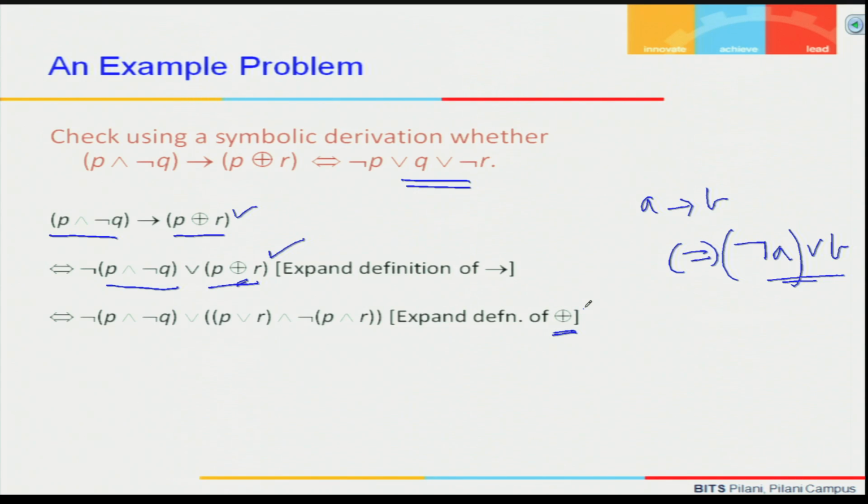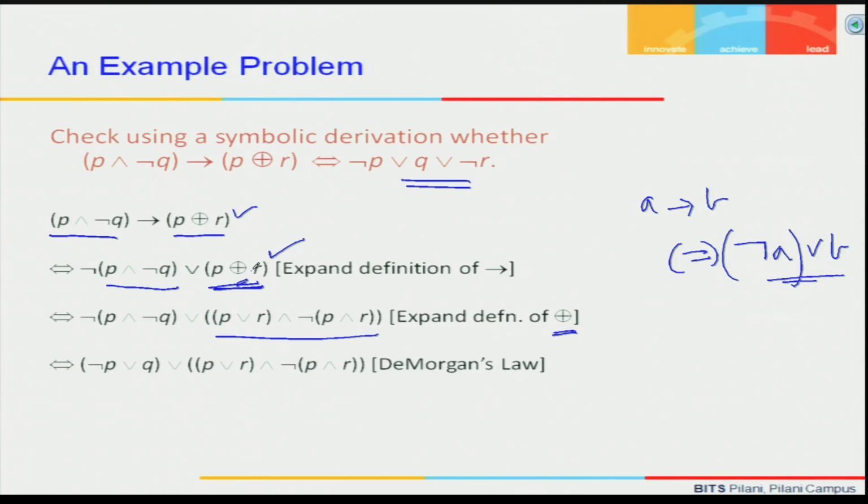I can put this whole thing here. What De Morgan's law says is not of A and B is the same as not of A or not of B. I just apply De Morgan's law to not P and not Q, and I get this. This is just by applying De Morgan's law.